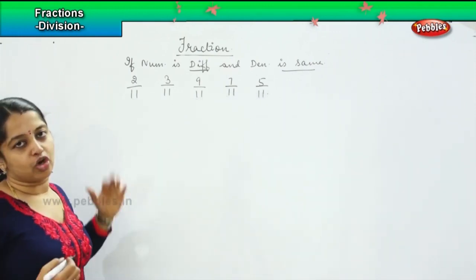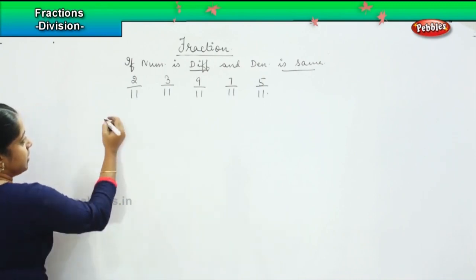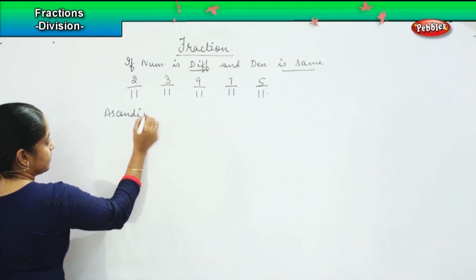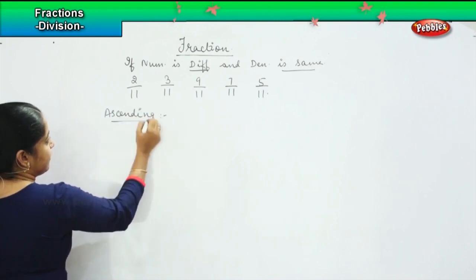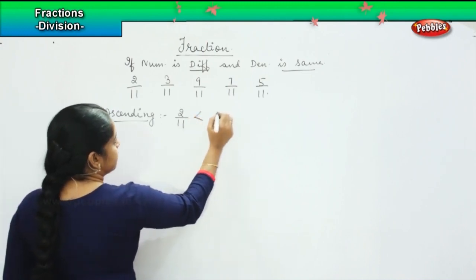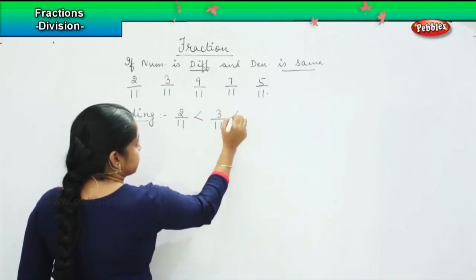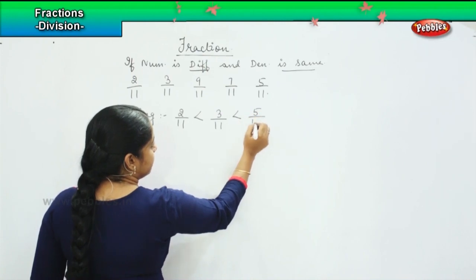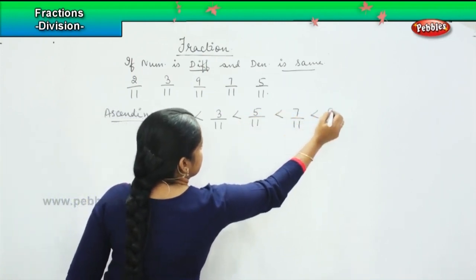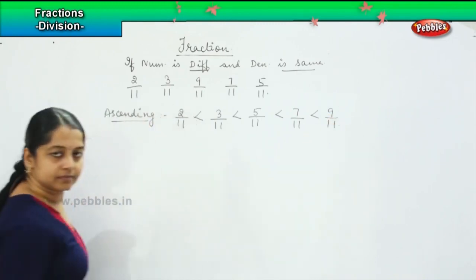We will follow the chronological order. So for me, if I have to write it in the ascending order, I will be writing 2 by 11 is less than 3 by 11 is less than 5 by 11 is less than 7 by 11 is less than 9 by 11.